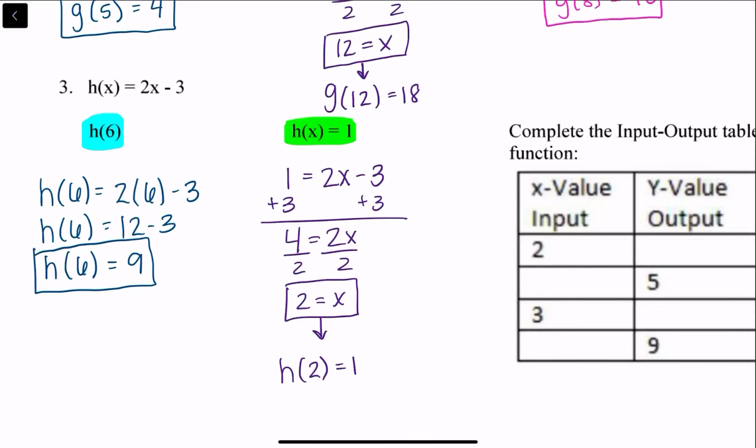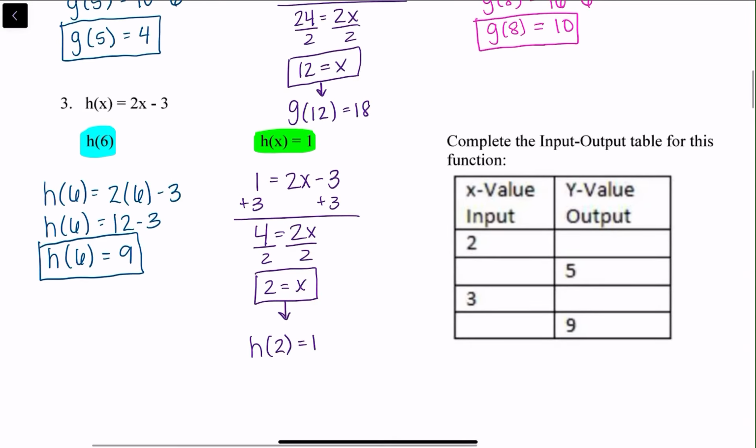Now I need to complete this input-output table using my function h of x. Remember, my inputs are my x values, and my outputs are my y values, or h of x. Let me rewrite that a little bit better. H of x.